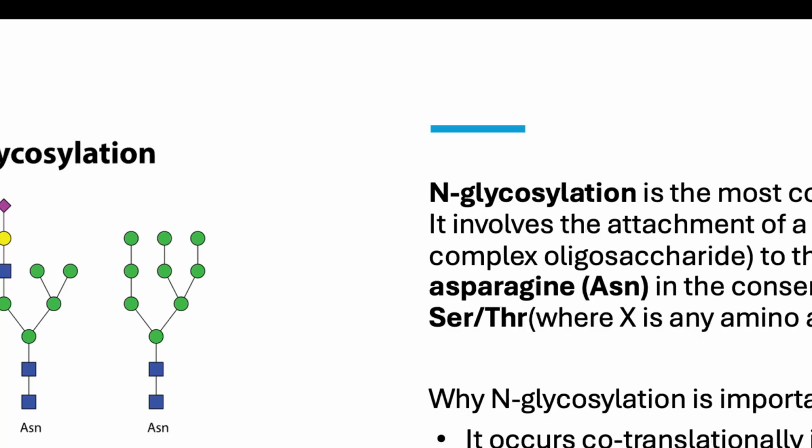Then the peptide, once glycosylated, moves to the Golgi and undergoes more glycosylation. This glycosylation helps in proper folding of the protein, stability of the protein, and cell recognition, and is essential for many membrane and secreted proteins.